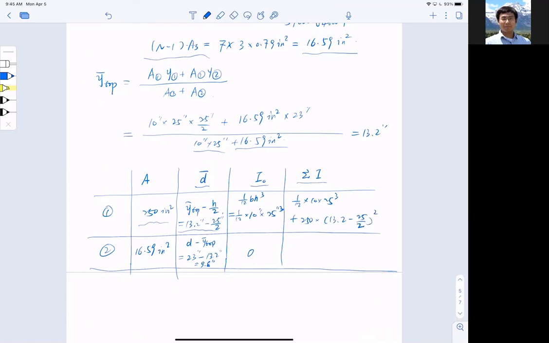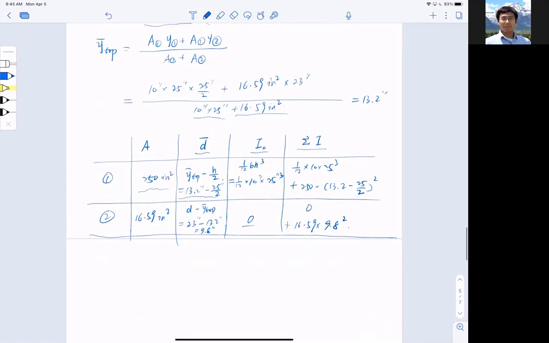Now for this one here, I have 0, so 0 plus 16.59 multiplied by the distance 23 minus 13.2. Sorry, I already have the number calculated. This is 9.8, so 9.8 squared. So that is my moment of inertia for the two pieces.